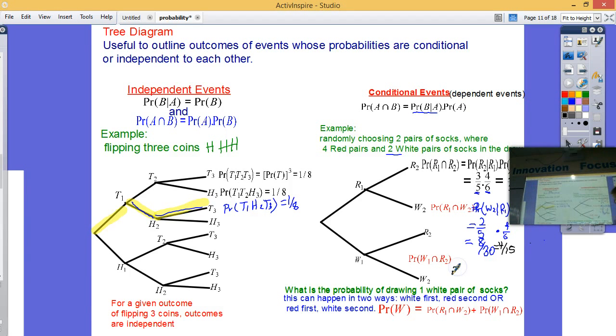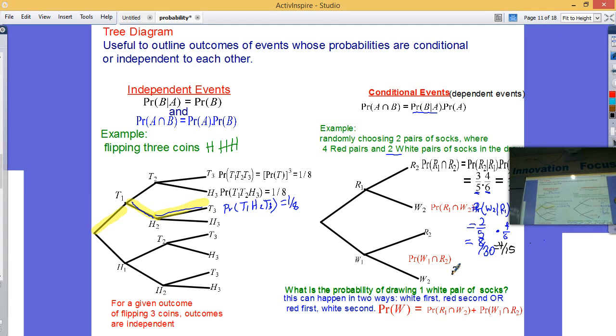So I've got one of them produced. Let's get the other one. Probability of white first and red second. Well, white first is, we've got 2 white socks out of 6.